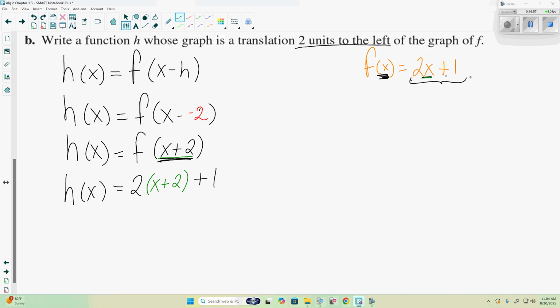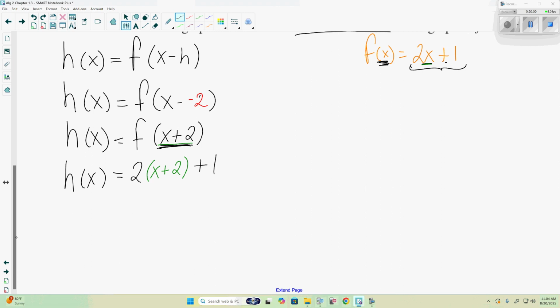Now we just need to simplify. We need to get rid of parentheses and get our like terms together. Now this time we do have a number in front of the parentheses. Yes? So we will multiply through. So our 2 times x is 2x. 2 times 2 is plus 4 plus 1.